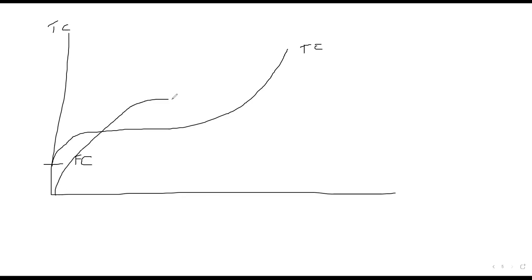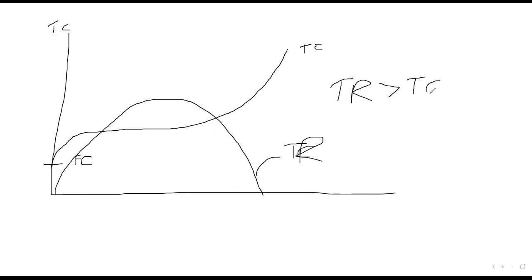If you bring in the aspect of revenue, the revenue function looks like this. So whenever the total revenue is more than our total cost, there's a new term that we will introduce. What is that term? Whenever our revenues exceed our total costs, what do we call that? Profit.